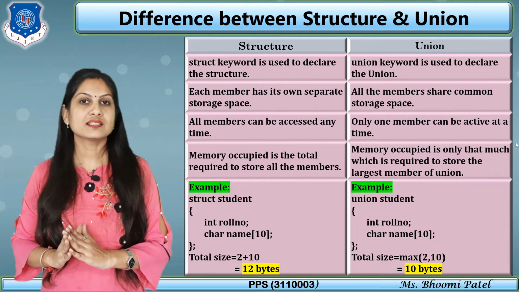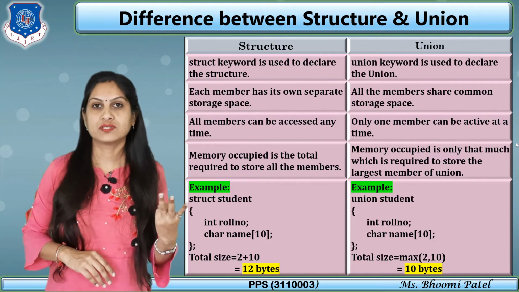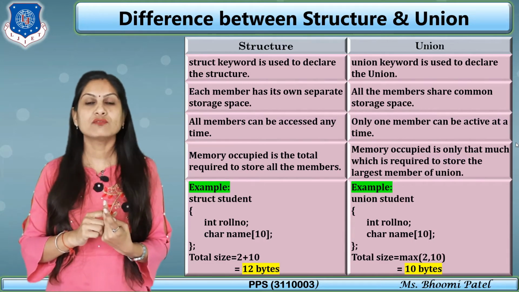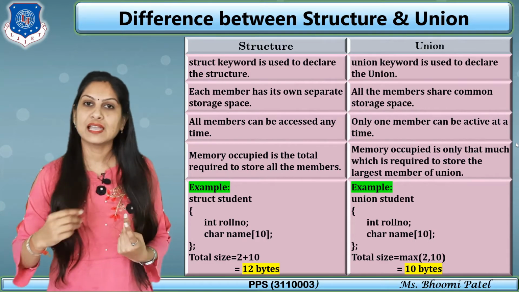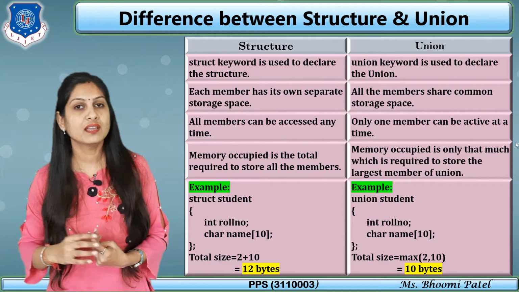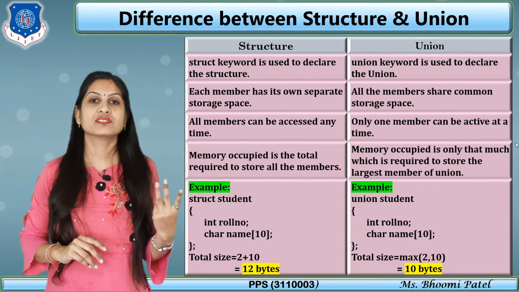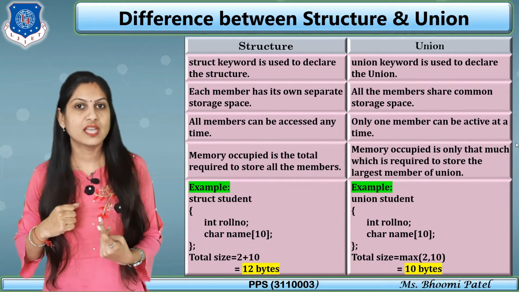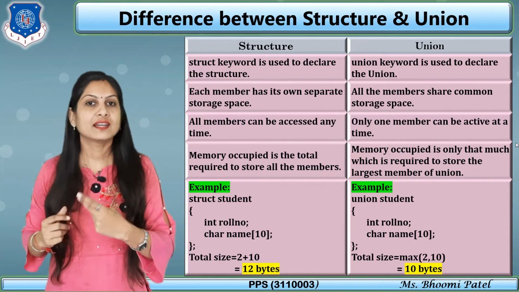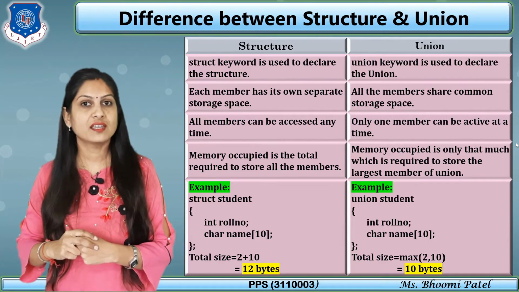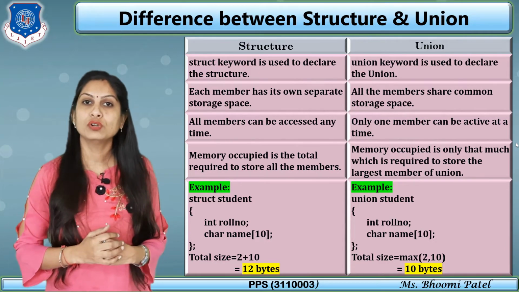The meaning is just like, suppose there are 3 persons and 3 chairs. Then each person can sit in a chair. But suppose there are 3 persons and only 1 chair. Can 3 persons sit on that chair at a time? No, one by one you have to sit.